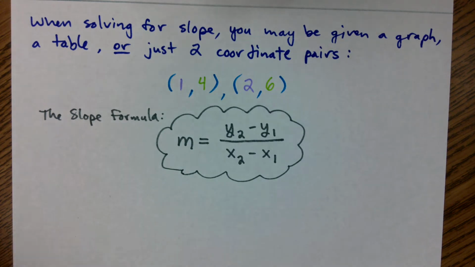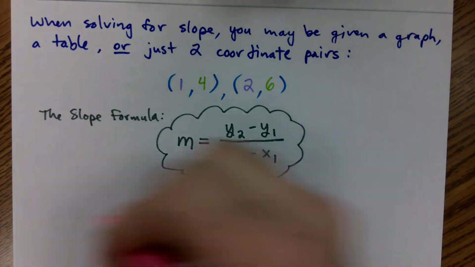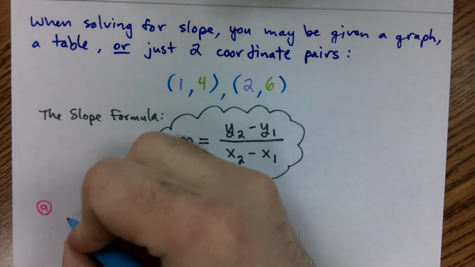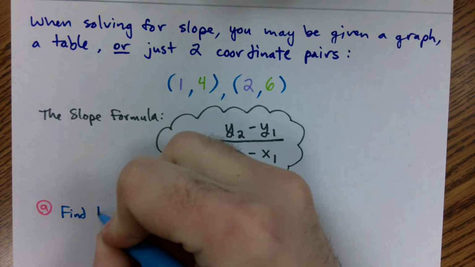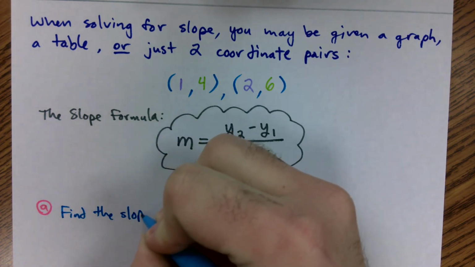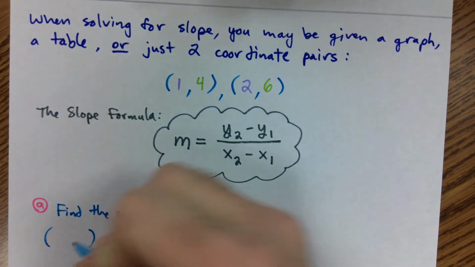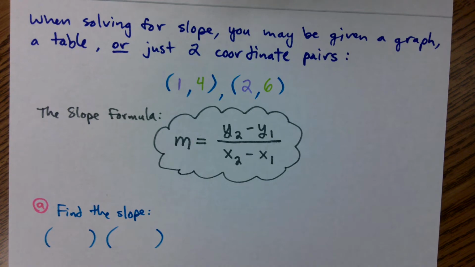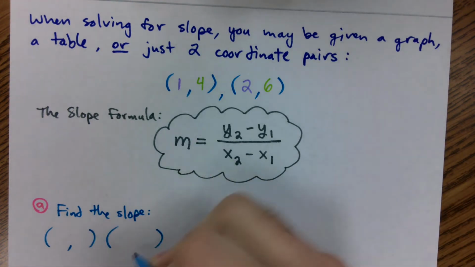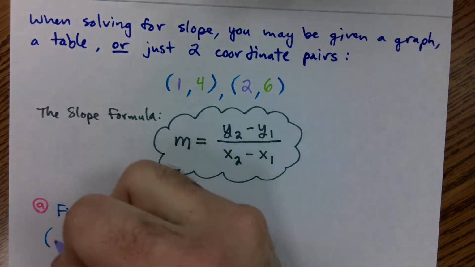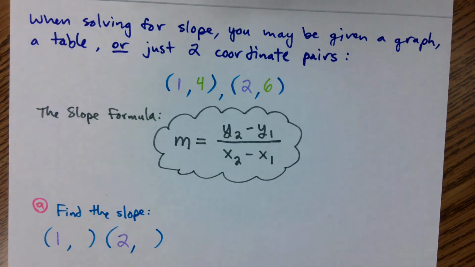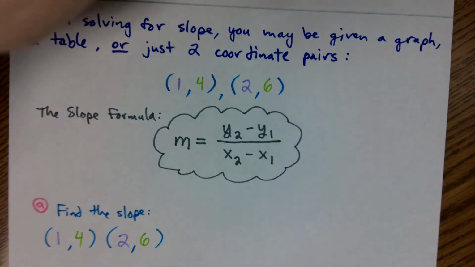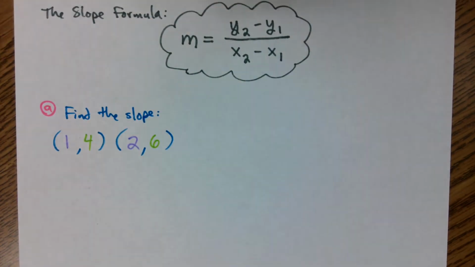So let's take a look with example A. And we're going to use those same coordinate pairs up there. Find the slope. Okay, and our 2 points are 1, 4 and 2, 6.